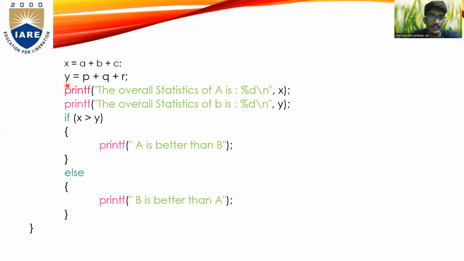So in this statement, by using the printf function, the overall statistics of a is percentage d will be printed. Instead of percentage d, the value after the comma will be placed, so the value of x will be printed, and after printing the x value, the cursor will shift to the next line.